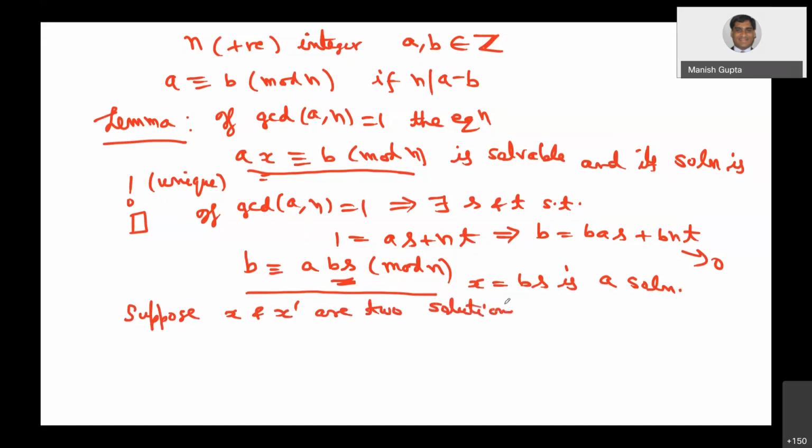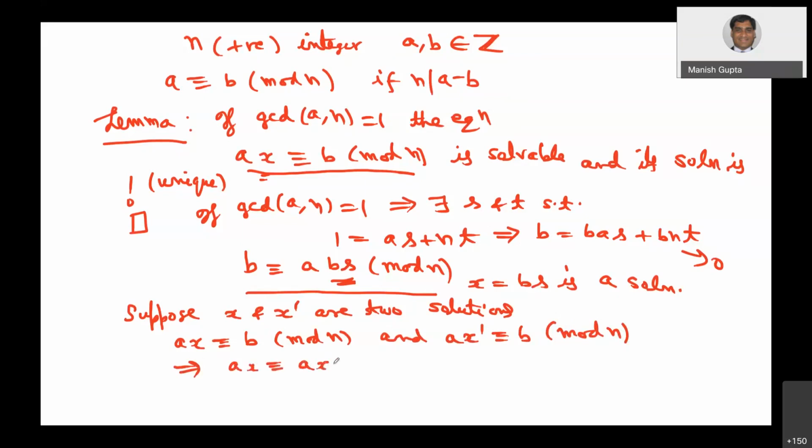In that case, we will have ax congruent to b mod n, of course, and ax prime congruent to b mod n. This implies that ax is congruent to ax prime, because both are congruent to b.